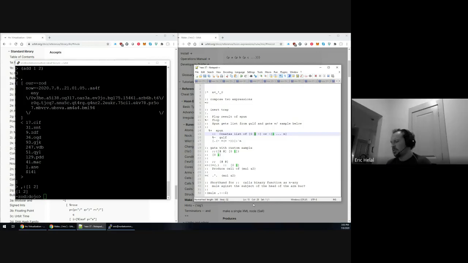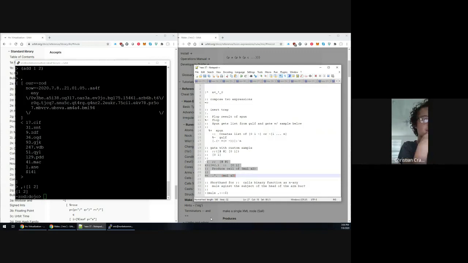How would spun use this gate? Because we have this list here that it's getting, and then we have this gate here, and I don't see where the gate uses anything from the list to do its spinning. Because of the mall. So like PAM2 is going to be the sample.